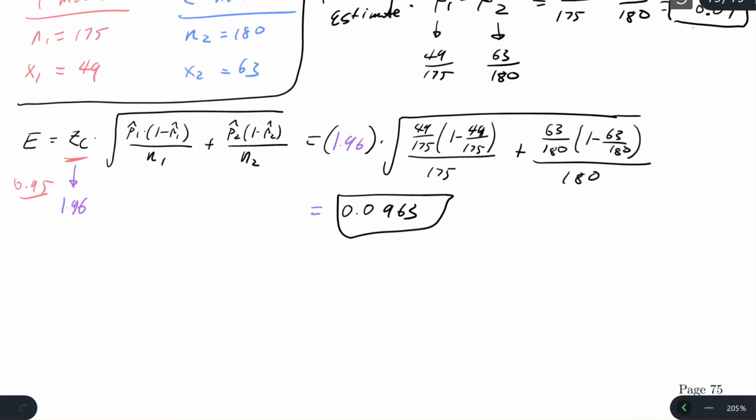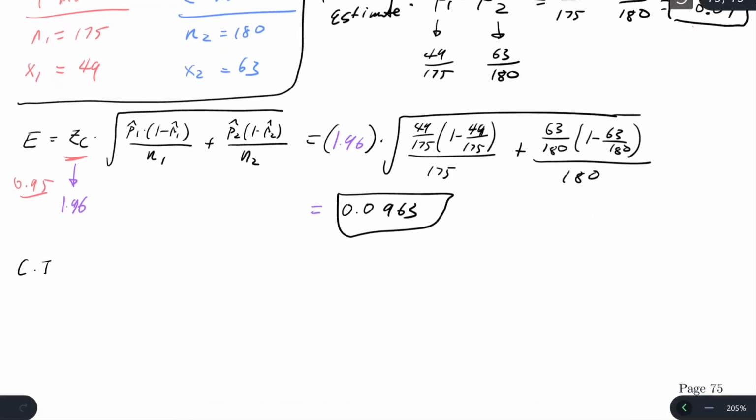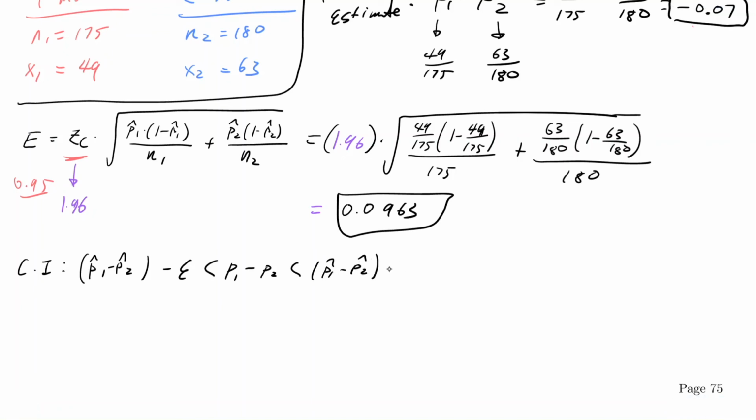So for the confidence interval, it is the point estimate, which is p hat 1 minus p hat 2, minus the margin of error, gives us the difference between population proportions, up to the point estimate, the difference between sample proportions, plus the margin of error. And we already calculated this value.